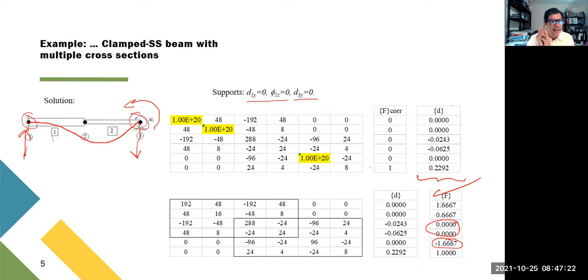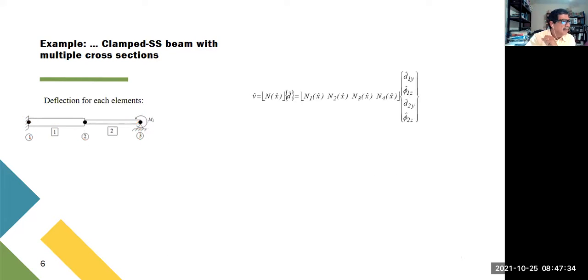Now, we have solved displacement for the global, in this case, coincides, but for everybody. We could go on to analyze each element. For example, in this case, this is the deflection of each element. Okay? So remember, these are the polynomials that we worked with this morning, multiplied by the joint displacements and rotation for every element. Okay?